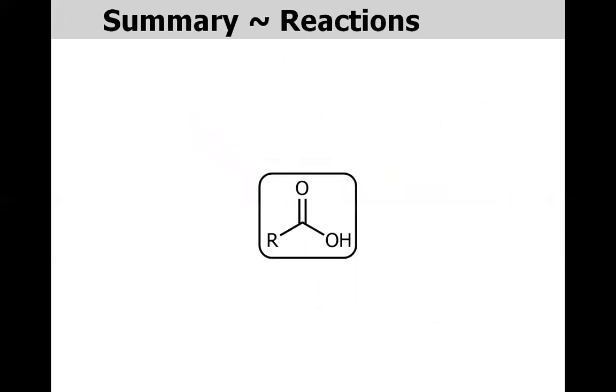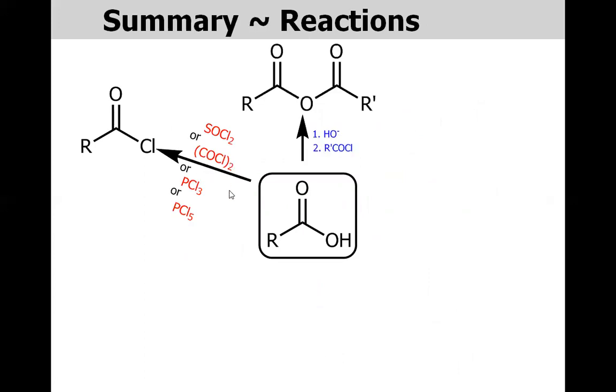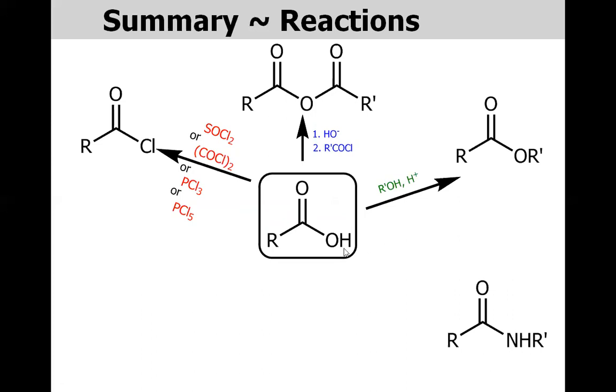For the reactions of carboxylic acids, we may convert the carboxylic acid into the acid chloride using these reagents. We may make the anhydride from the carboxylic acid. We may esterify the carboxylic acid to form the ester. We may convert the carboxylic acid into the amide if we use a coupling agent such as DCC or CDI, followed by nucleophilic attack of the amine to form the amide.